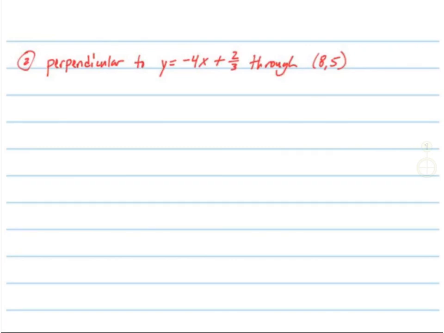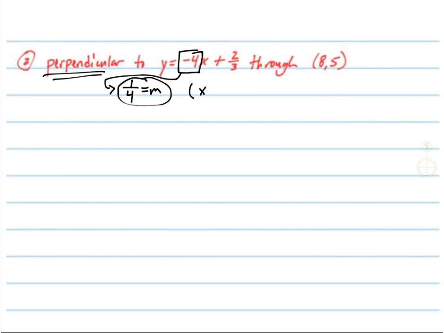Here I want to know, what is the equation of a line perpendicular to y equals negative 4x plus 2/3 through the point (8, 5)? Well, if we're talking perpendicular, that means we're not going to use this slope as it is. Instead, we're going to change it. We want the opposite reciprocal, so we're going to flip it and change the sign. So our new slope should be 1/4.